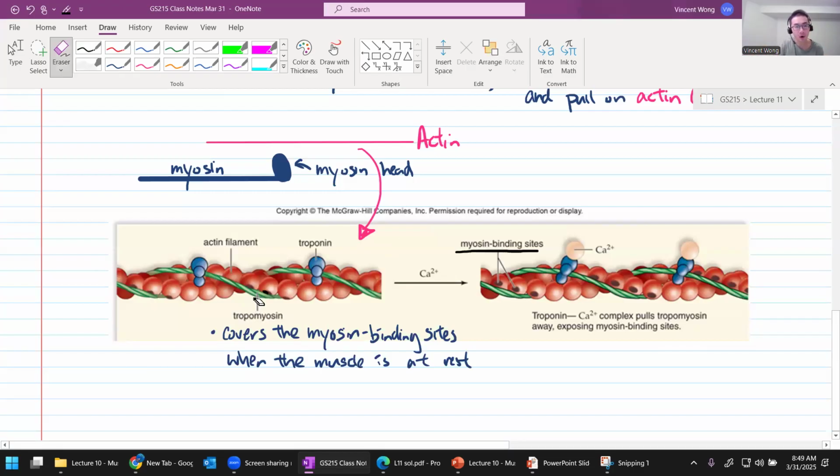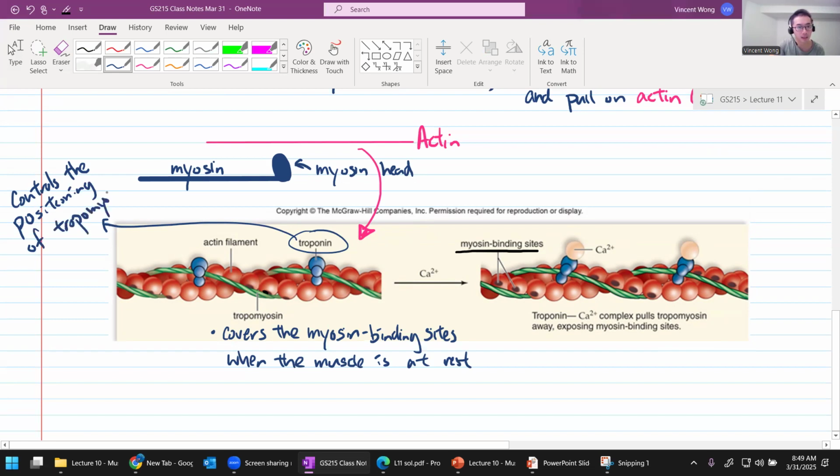And on the tropomyosin, there is an additional protein called troponin. Troponin controls the positioning of tropomyosin. It's kind of like a switch that controls it.